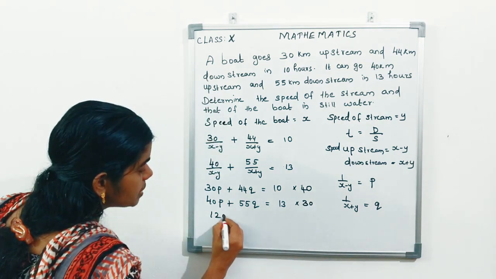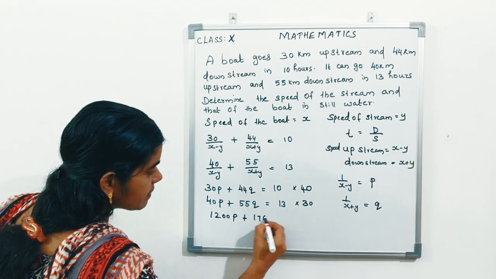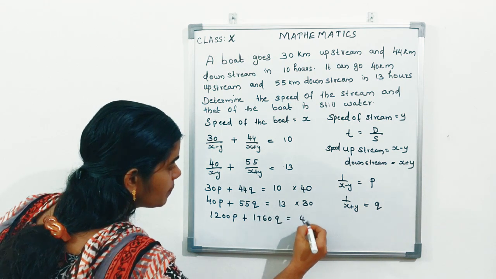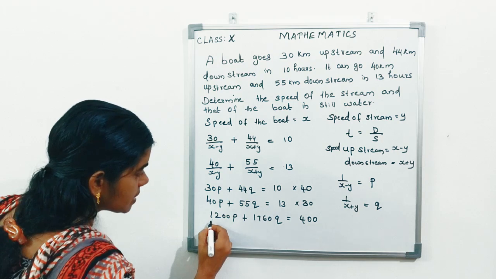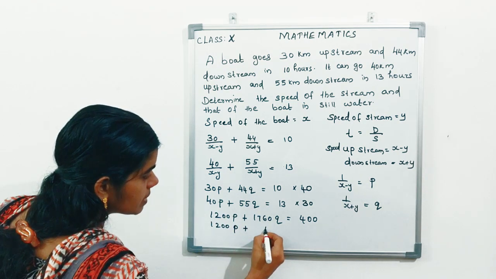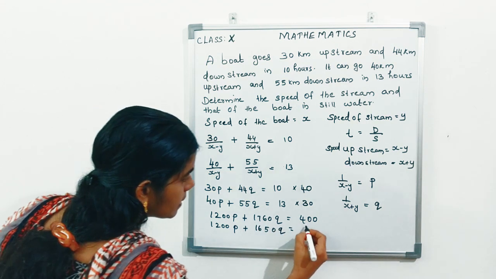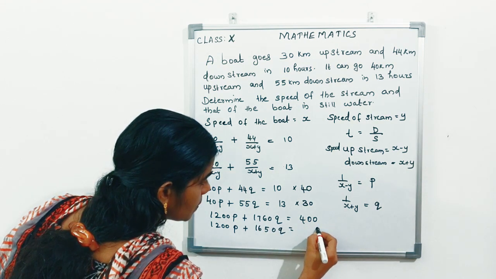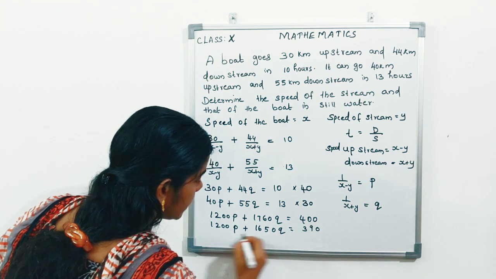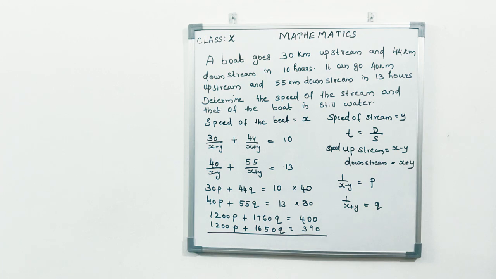Then 1200p plus 1760q is equal to 400. Next, 1200p plus 1650q is equal to 390. Then you know that the coefficients have the same sign, therefore we want to subtract.